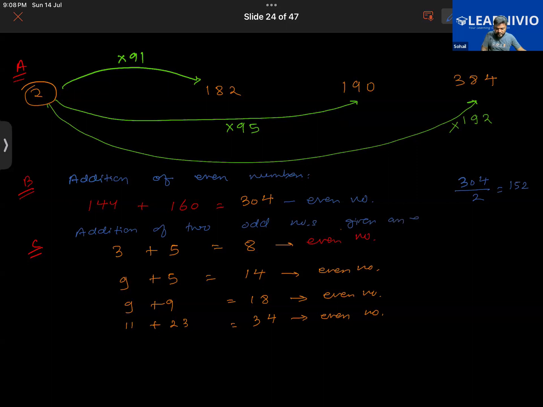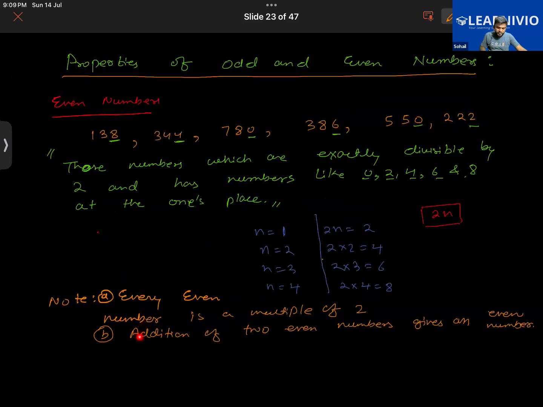Okay, so right from where you have ended your note, continue from there and write down property C. There you will write: addition of two odd numbers gives an even number. You would have ended your note here.